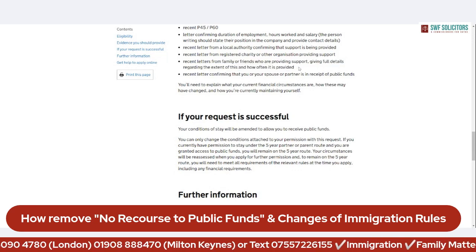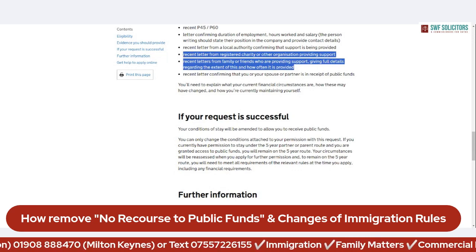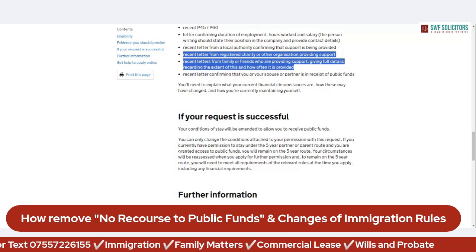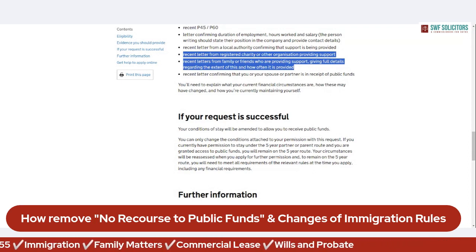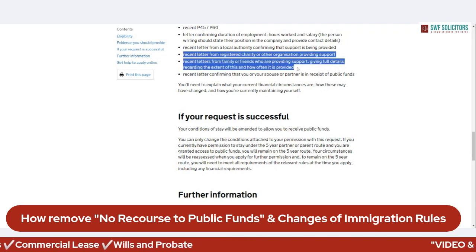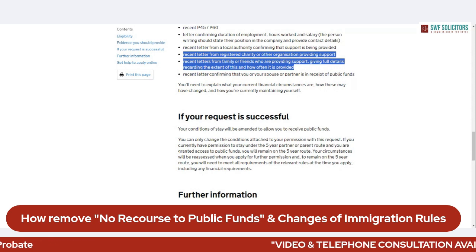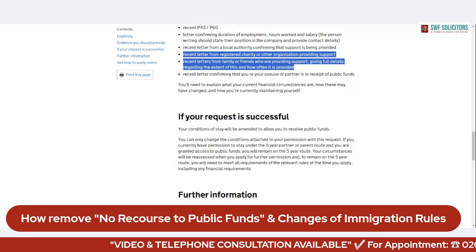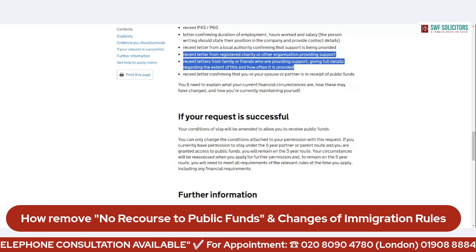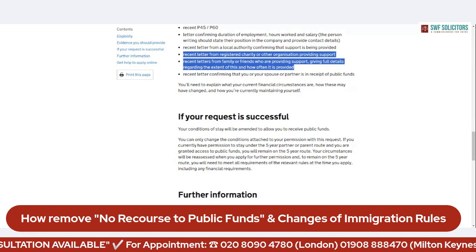So this is also important, because if you are in financial difficulty, I always advise that if you receive help from friends and family, you should go to them and ask for a letter stating what help they gave and when. For example, some people donate clothes for your children, or some people donate food or shopping. If you receive food from any charity, you can ask for a letter.